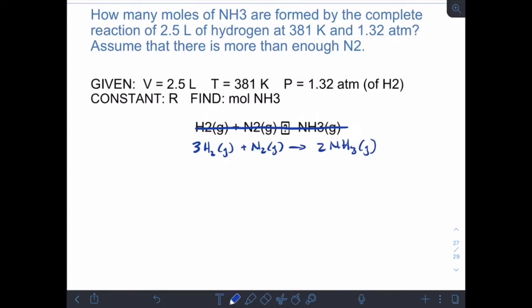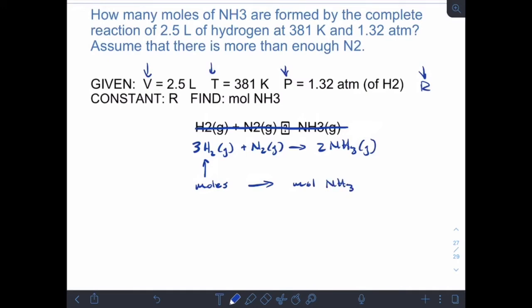But we are given volume, temperature, and pressure, and we always know R, because that's a constant. So I have everything I need to use the ideal gas law to find moles. Okay, so ultimately I'm going to use that to find moles of hydrogen, and then mole bridge to find moles of ammonia.